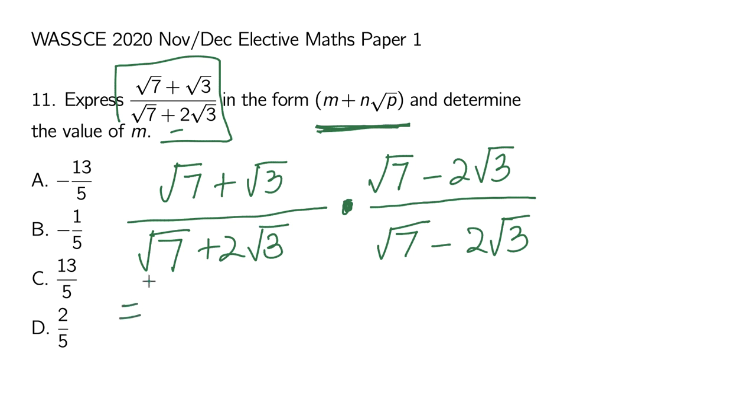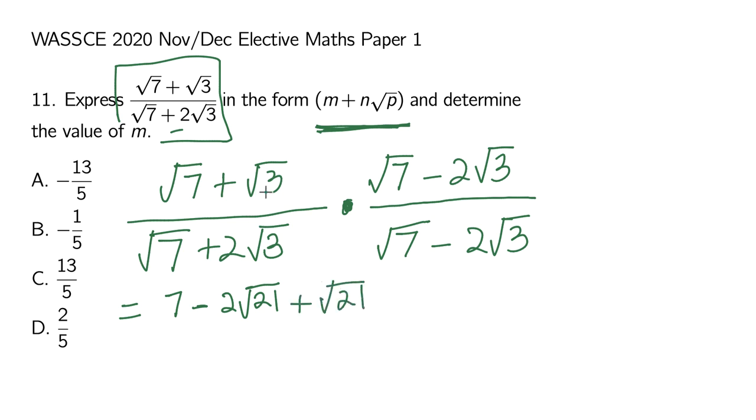For the numerator, we get square root of 7 times square root of 7. That is 7. Then square root of 7 times minus 2 times square root of 3 becomes minus 2 square root of 21. Then we have square root of 3 times square root of 7, that becomes square root of 21.